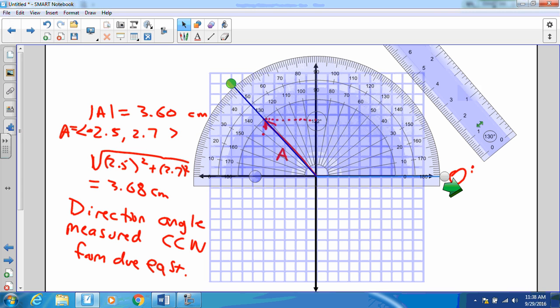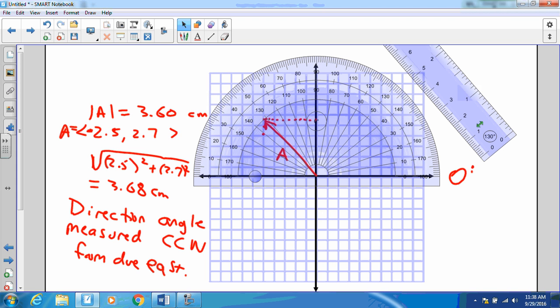There, that's what I was looking for. This angle right here, which is 131 degrees. Not the 50 degrees. The 50 degrees is measured from west. If a question asks you to measure from due west, you do the other way, but your question should not ask you to measure from due west.